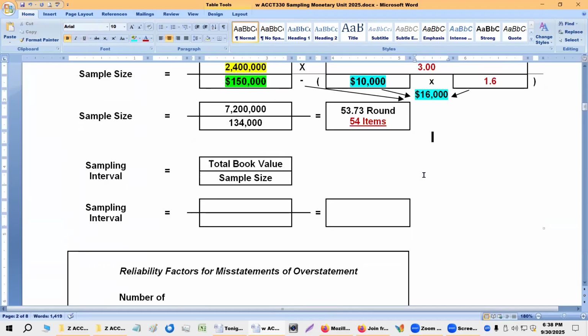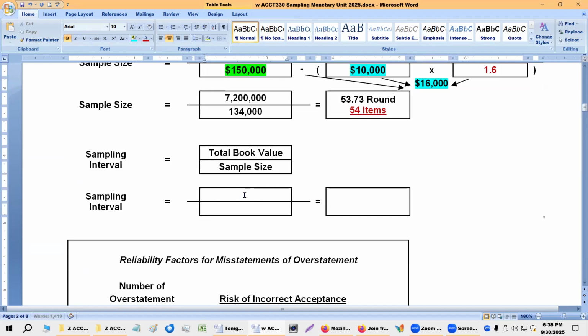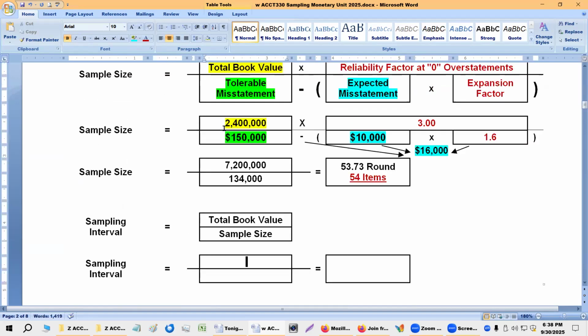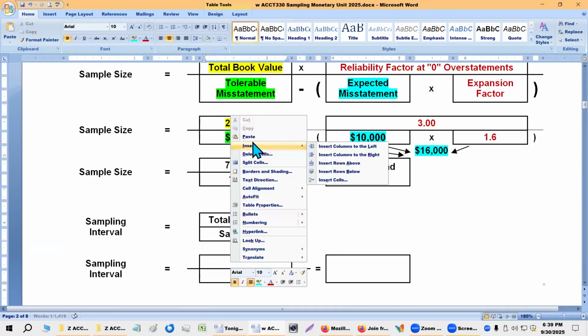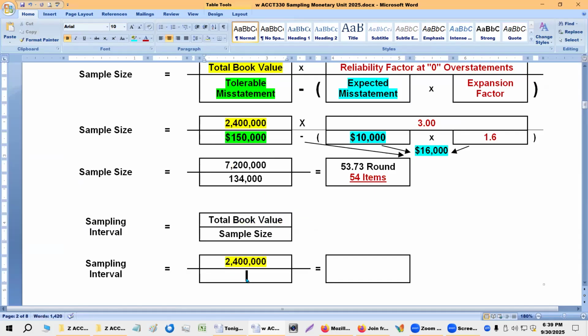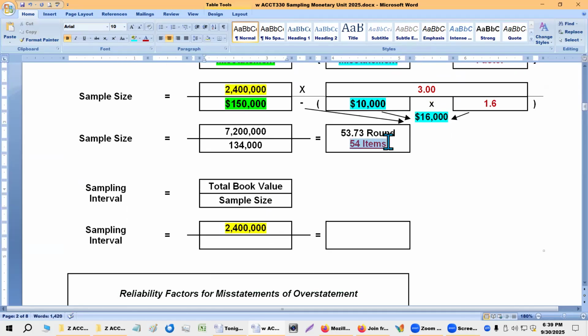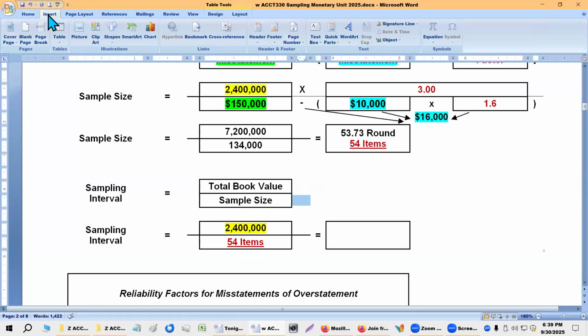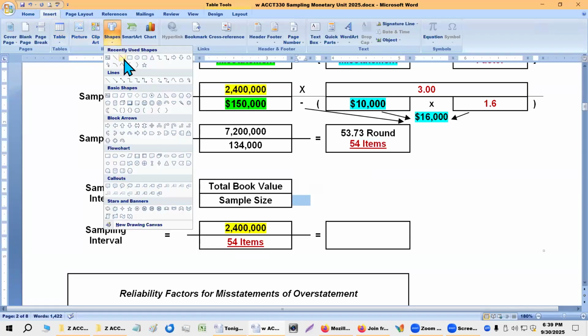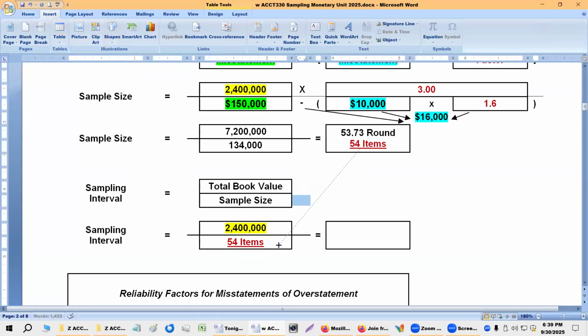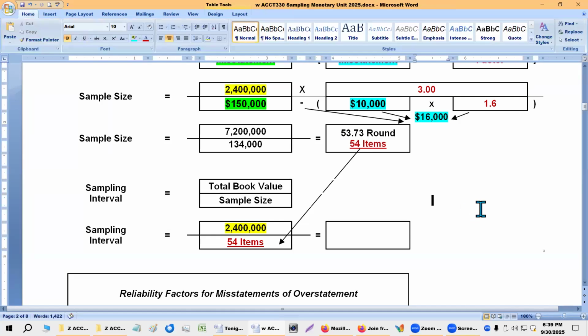Okay, so when we go to the interval, we're gonna take our total book value, 2.4 million, and divide it by 54 items.